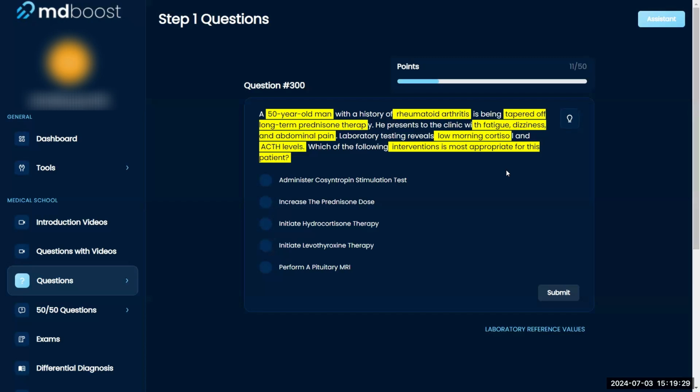In terms of intervention for this, he has arthritis. So what's the diagnosis? Why this patient? Why all of a sudden do they have low cortisol and ACTH levels?